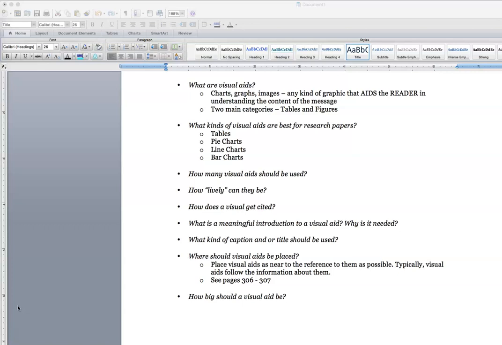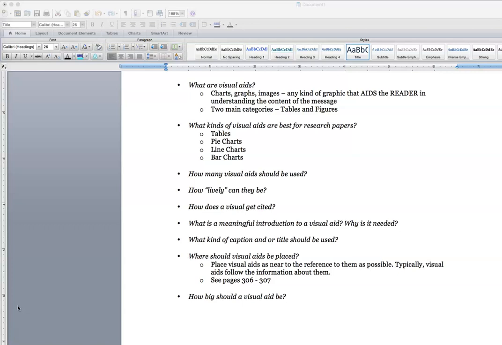You can do this by telling your audience what to look for or by summarizing the main point of the graphic. Don't assume the reader will automatically reach the same conclusions that you reached from a set of data. Instead of saying, the findings are shown in Figure 3, tell the reader what to look for. 2/3 of the responding employees, as shown in Figure 3, favor a flexible schedule.